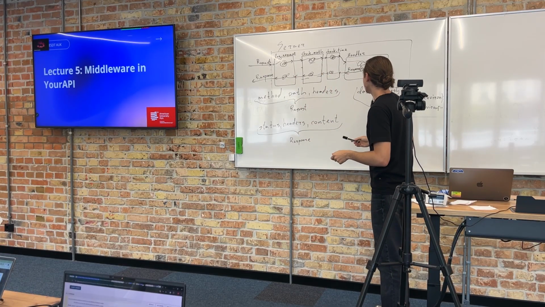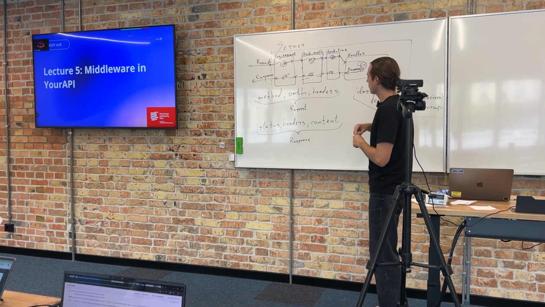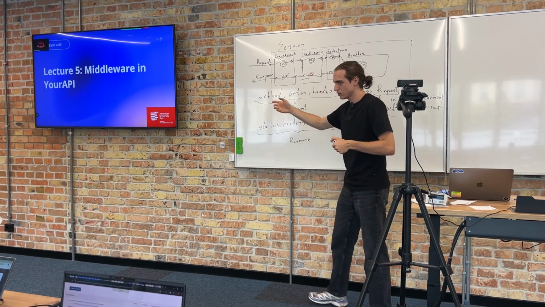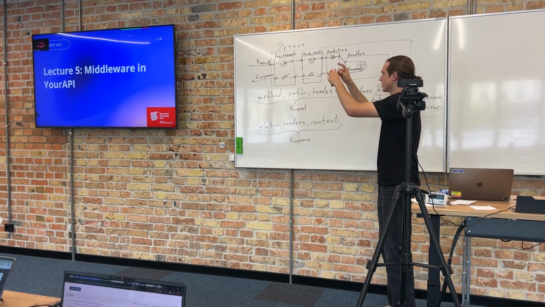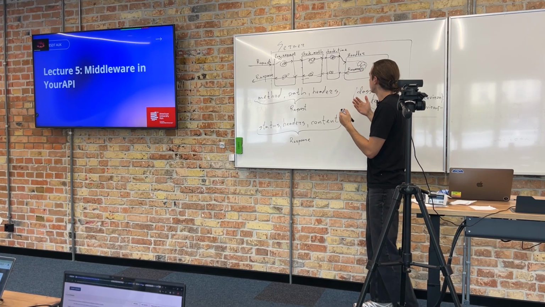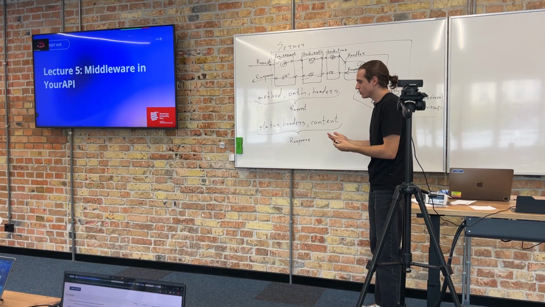Inside call, we can construct a response out of what the handler created. So the handler that we registered in the router returns content, and then we wrap this content in our response.